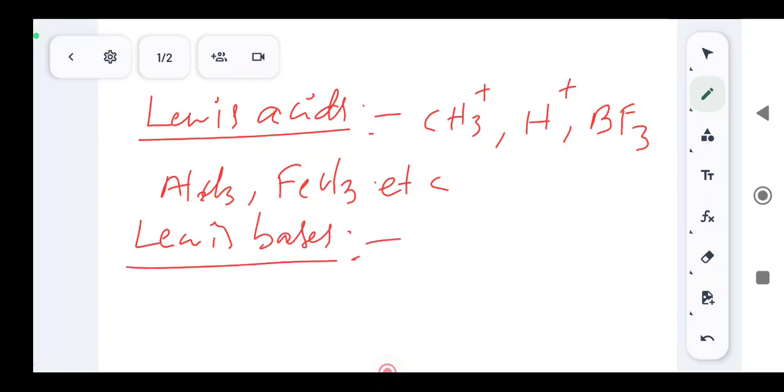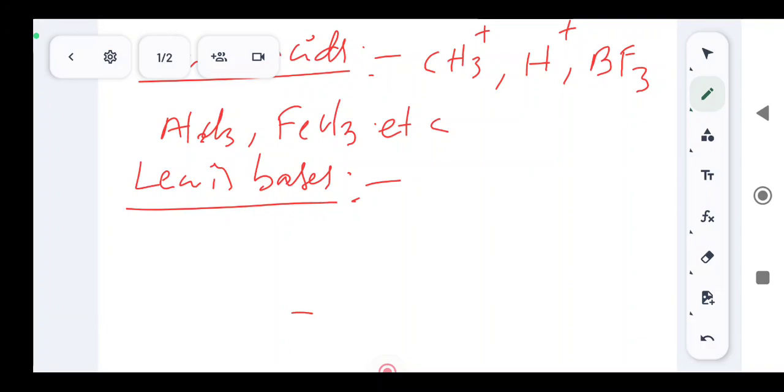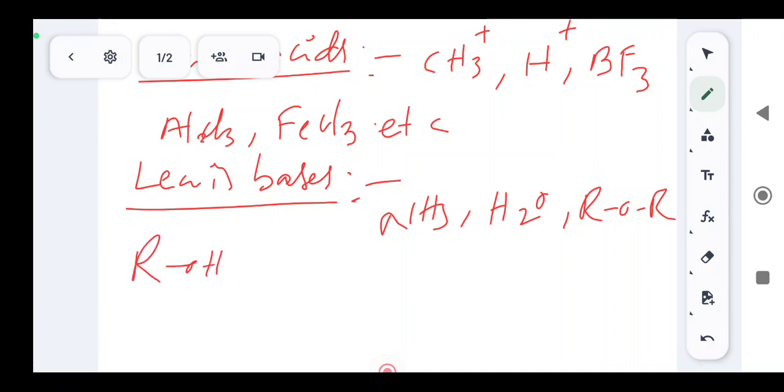Next, Lewis bases. What are the Lewis bases? NH3, H2O, ROR, ROH, CN minus, OH minus. R means electron donating group.